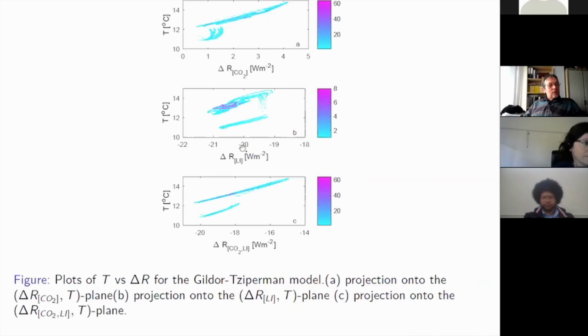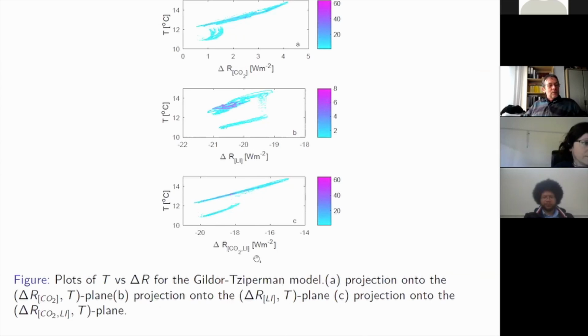If you look at what's happening to the land ice influence on the forcing, this is not a very well constrained, one-to-one representation between global mean temperature and forcing.